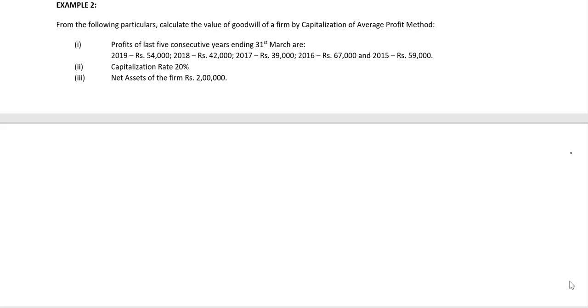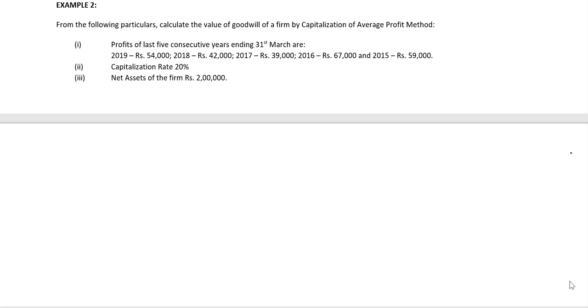Example 2. From the following particulars, calculate the value of goodwill of a firm by capitalization of average profit method. We are given the profits of the last 5 consecutive years ending 31st March. For 2019, it's 54,000 rupees. For 2018, 42,000 rupees.